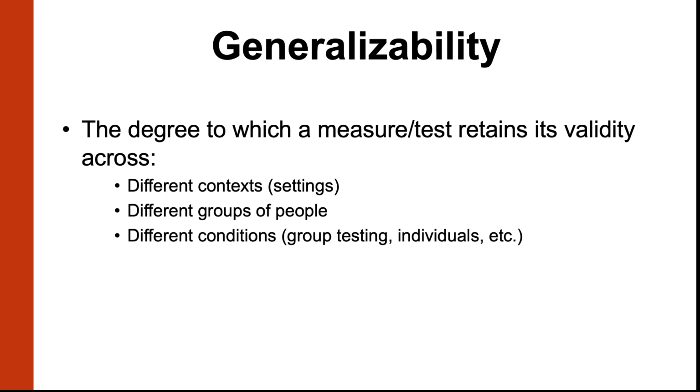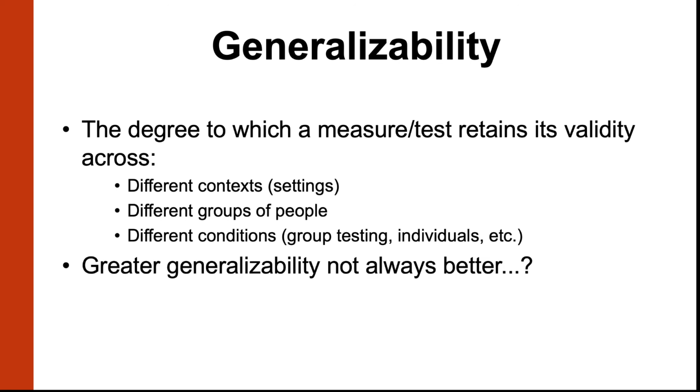Whether a result remains valid across different conditions. If you give a personality test on a computer, do those results generalize to giving a personality test with paper and pencil? Or in an interview setting, are the results in those different conditions going to be equally valid?